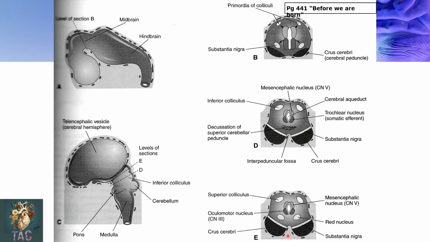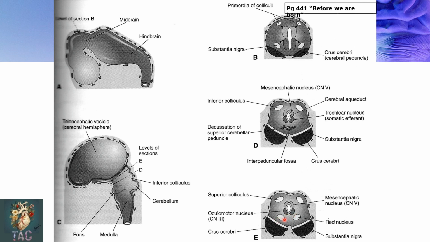So this diagram is taken at the level of the superior colliculus, and in these two you can see the superior colliculi which are differentiating, and also at this level you can see the mesencephalic nucleus of the trigeminal nerve, also the oculomotor nucleus. So please differentiate. At the level of the inferior colliculi you will see the trochlear nerve nucleus, and at the level of the superior colliculi you can see the oculomotor nerve nucleus.